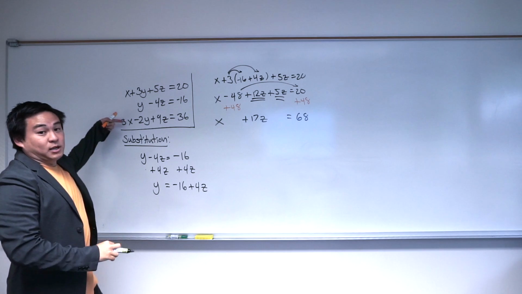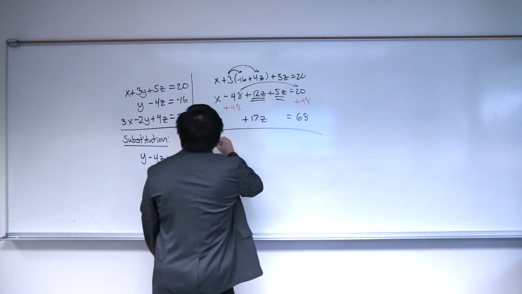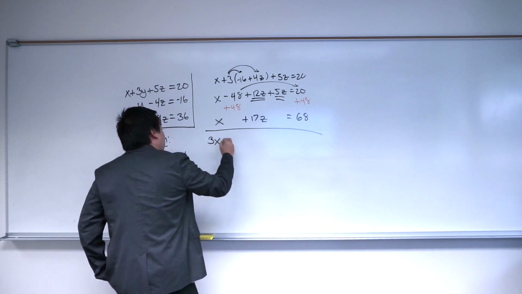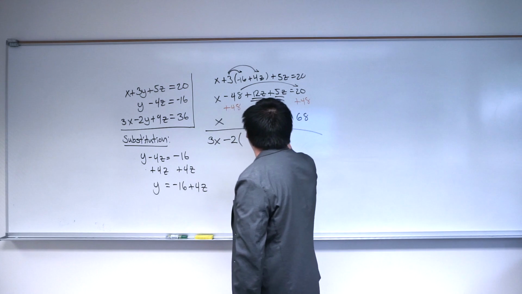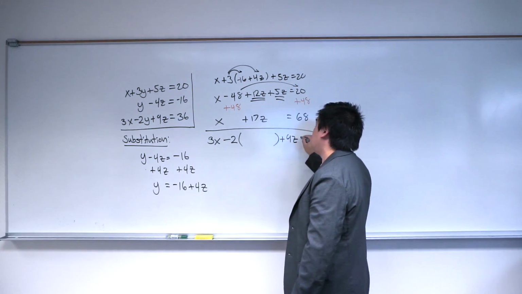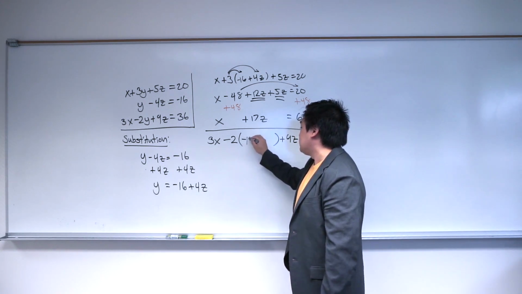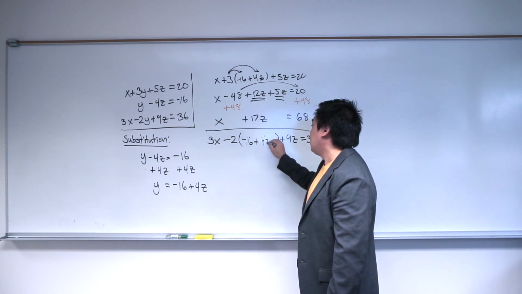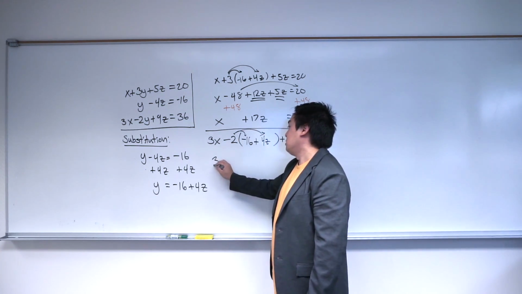Let's go ahead and do that for the second one, which is the 3x minus 2y part. So we get 3x minus 2 times, and again, parentheses, plus 9z equals 36. So what goes in here is the negative 16 plus 4z. And again, simplify by distributing and adding like terms.